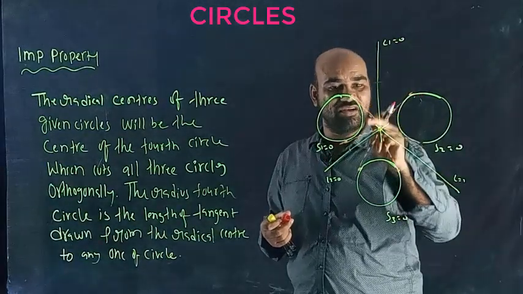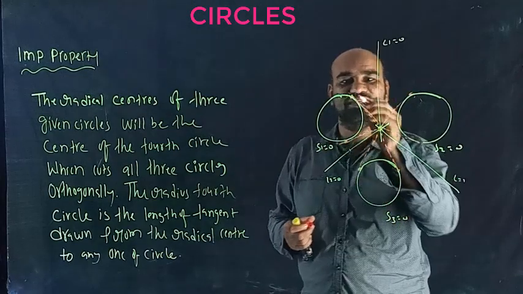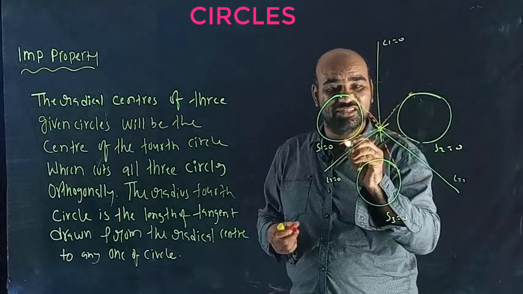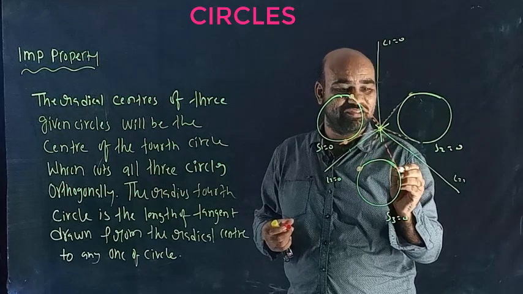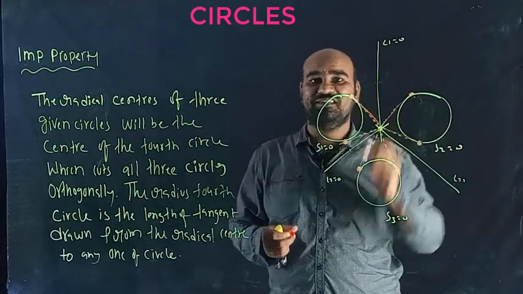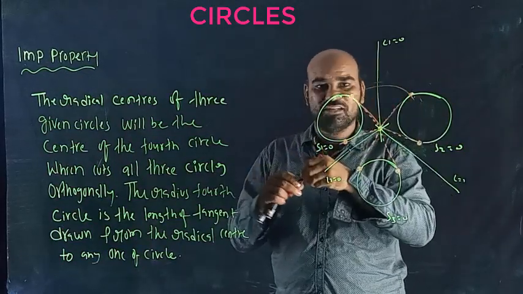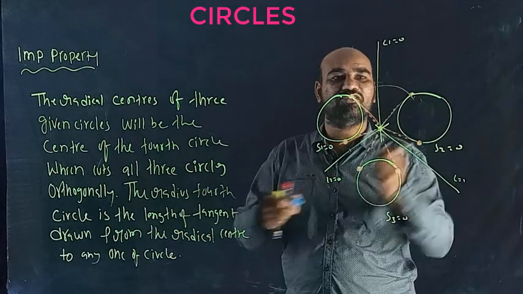Means these 6 segments have equal lengths. So these points are at the same distance from this point. Through these points you can draw a circle. That is the fourth circle, the required fourth circle.